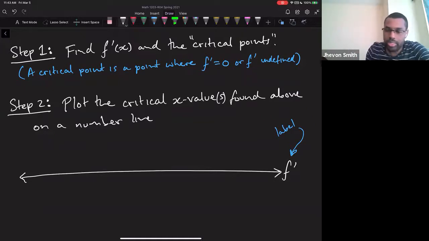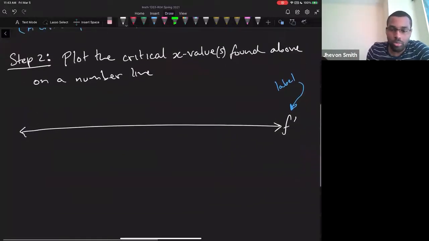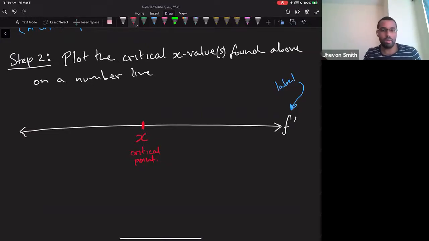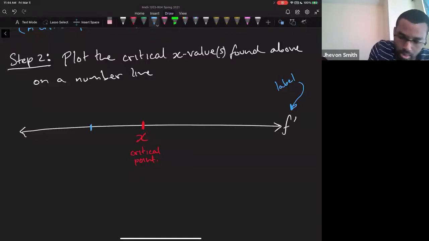Okay, so let's say you have a critical point. Like you found some x value here, and this is a critical point. So you plot that on the number line. What you're going to do at that point is pick a random number on either side.